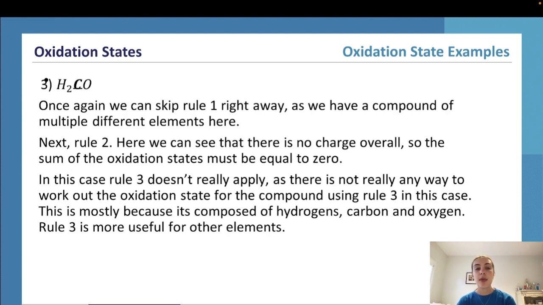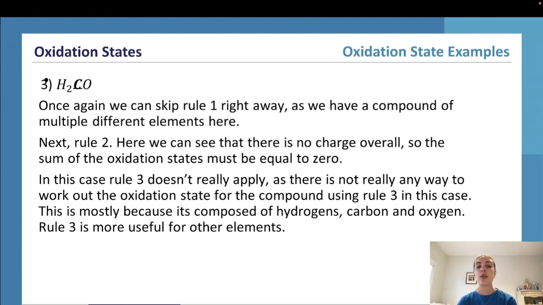Our next example that we've got is hydrogen carbonate, and so once again we're going to skip rule 1 straight away because we have a compound which has multiple different elements in it. So we immediately have crossed off rule number 1 there because it can't fit into that because we've got various different elements.